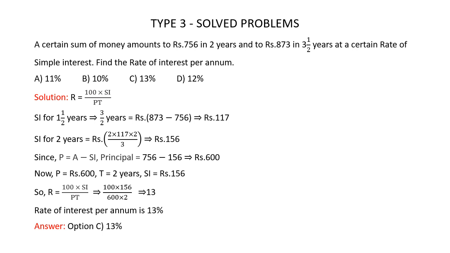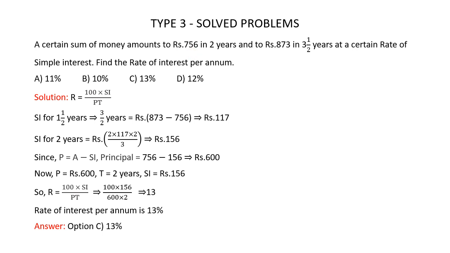Now, since the rate of interest is the same for both these cases, it means that the simple interest for 3.5 years minus the simple interest for 2 years is equal to rupees 873 minus rupees 756.